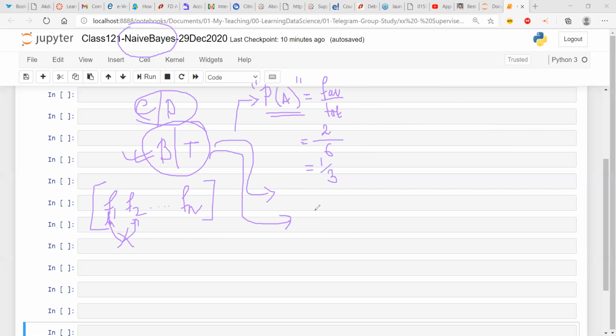For example, what is the probability that I would like to go outside and play, provided the temperature outside is low, it is raining, there is some wind blowing, and the outlook is humid?